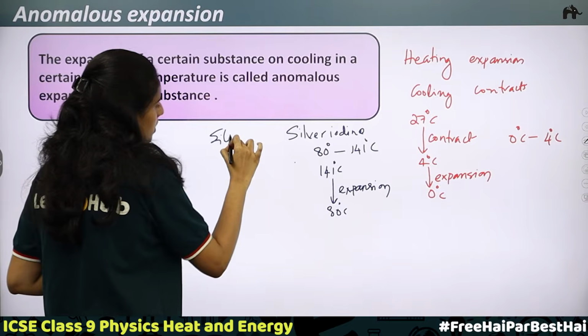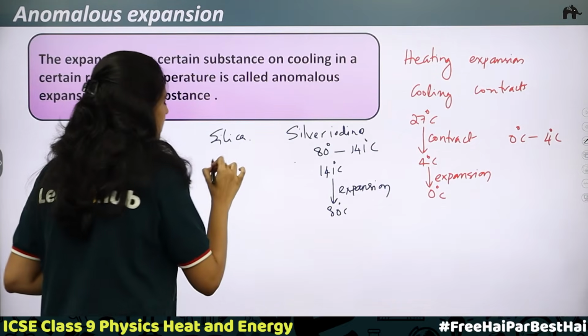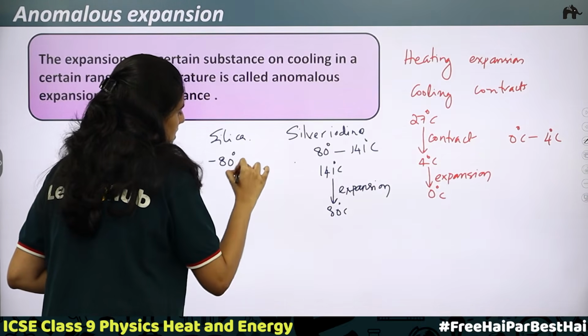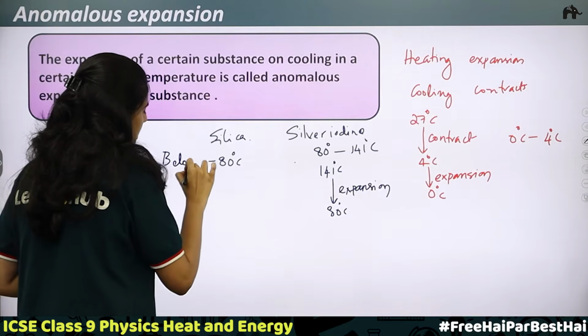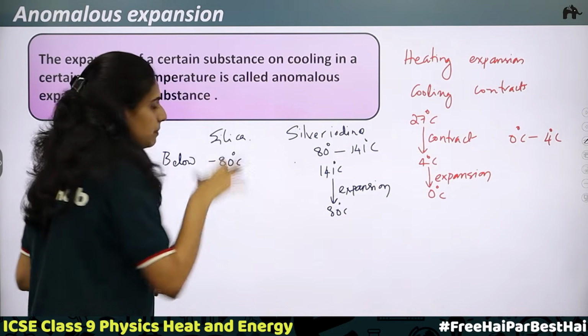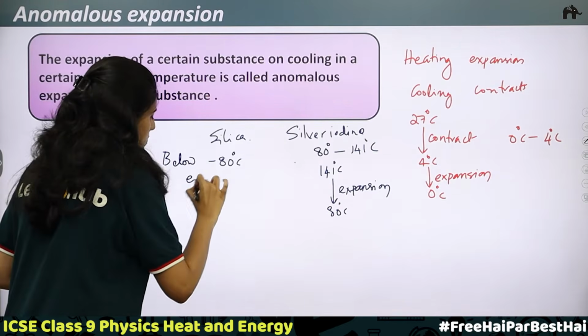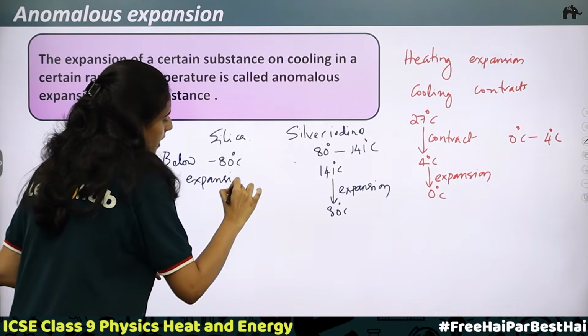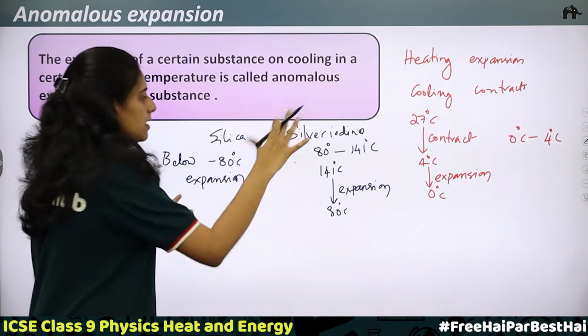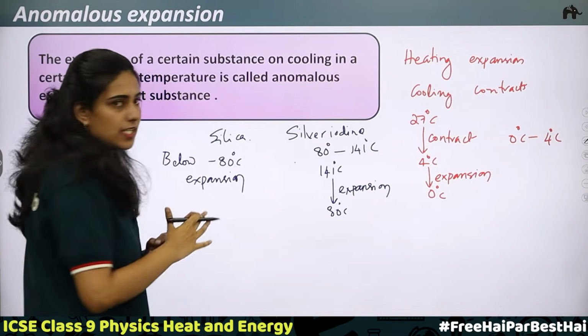Next is silica. Okay, with silica, below minus 80 degrees Celsius, normally when temperature decreases, what should happen? Contraction should happen, but here what happens is expansion. This is also an example of anomalous expansion. So three substances show anomalous expansion.